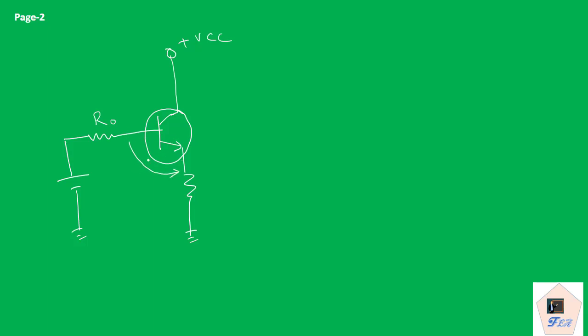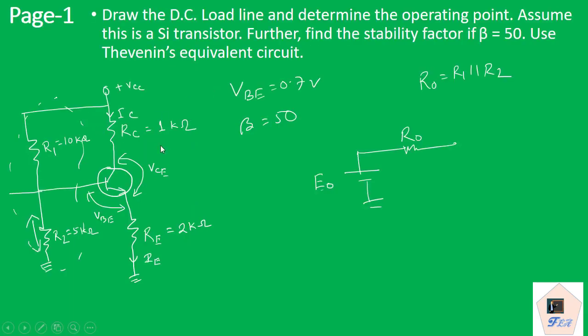So here the voltage drop is VBE, this is E0, and this is RE. We have here RC also. So all these values are given here, same values we shall be taking.